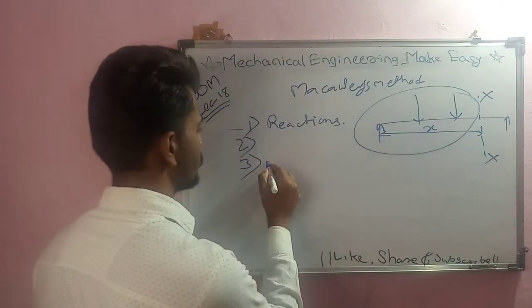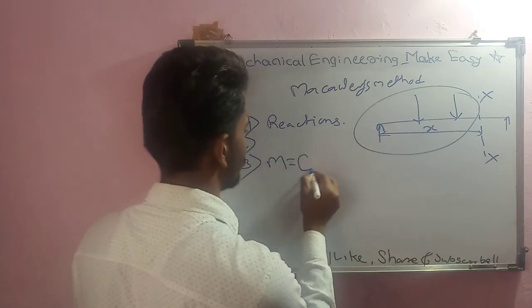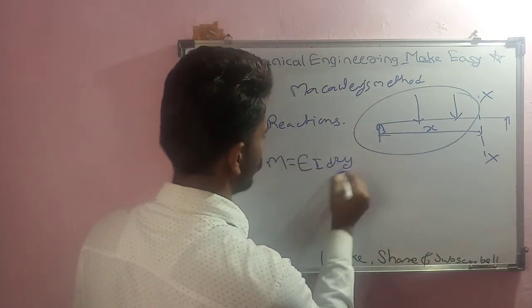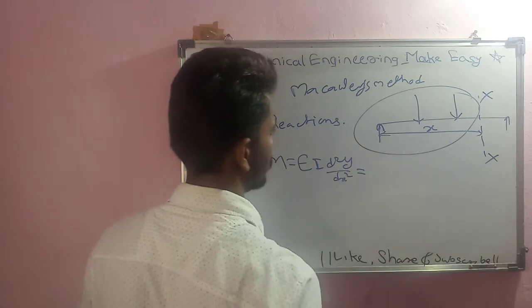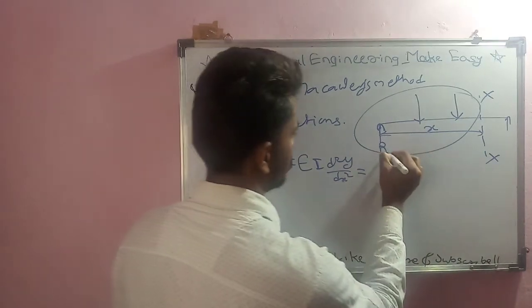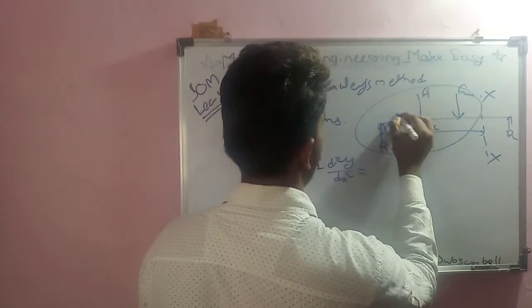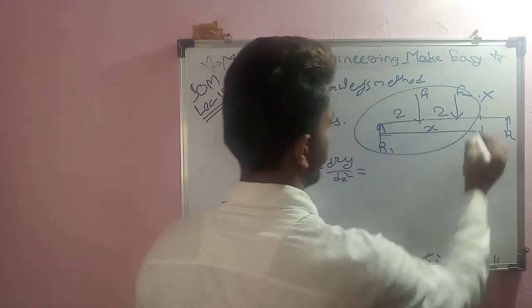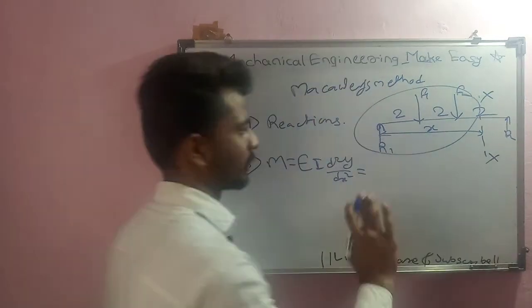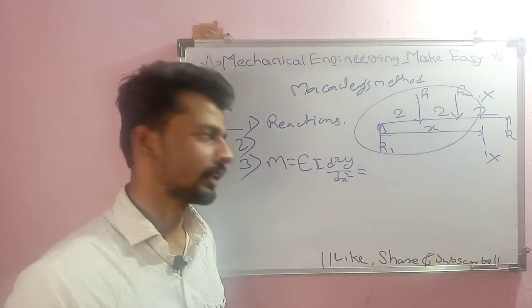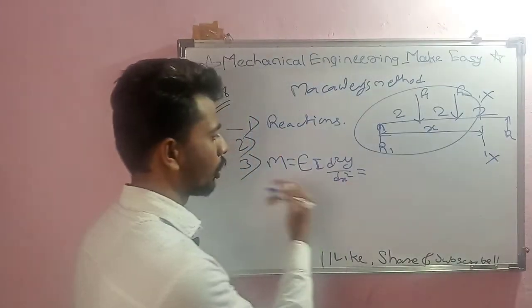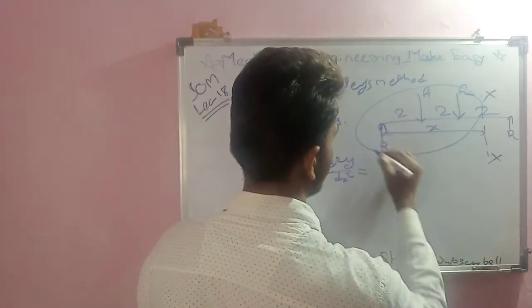So we will simply take the moment, that is EI d2y by dx square, which is equal to, for example, this is R1, this is F1, F2, and R2. Maybe this is 2 meter, this is 2 meter, and this is also 2 meter. We are just assuming all the values for your understanding purpose. So how will we calculate all the moments here? Firstly, we will consider this section.